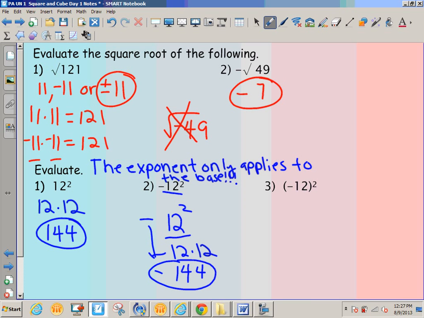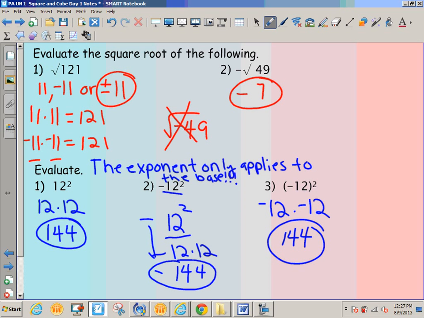On number 3, because -12 is in parentheses, we have to square the entire thing. So number 3 means -12 times -12, which is, of course, a positive 144.